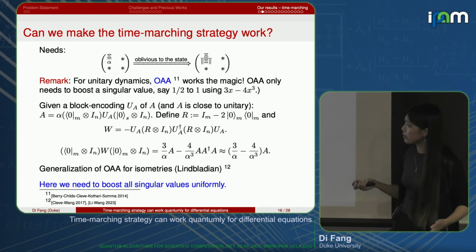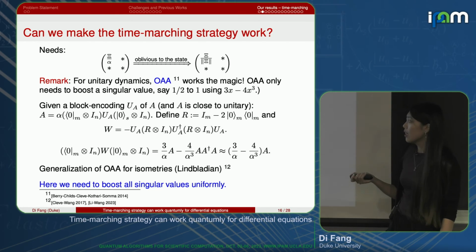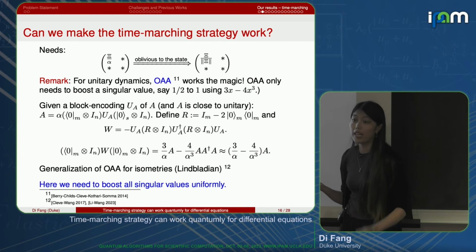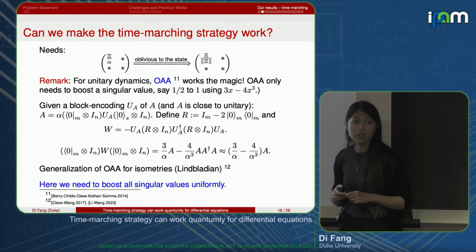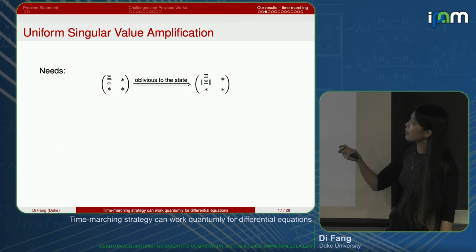However, for general non-unitary dynamics, which is not CPTP, at least from what I know, you really need to boost all the singular values at a uniform rate, so you don't change the matrix that you are implementing. So I want to boost all of the singular values, and do it in a way that is oblivious to the initial state.